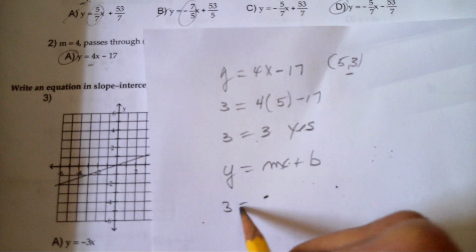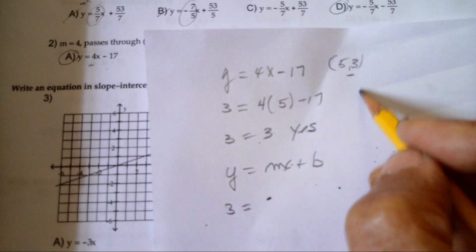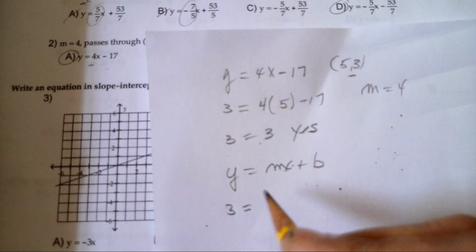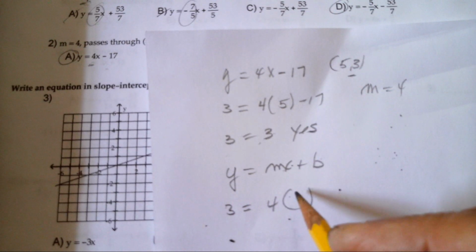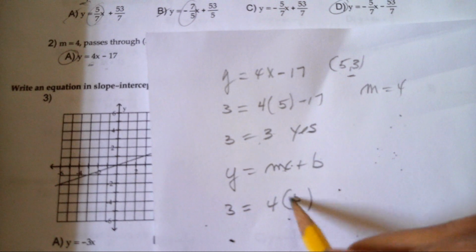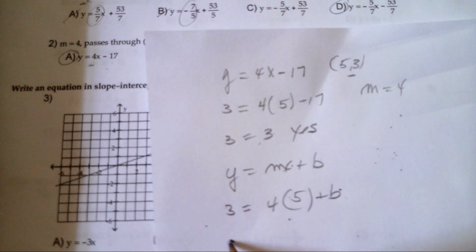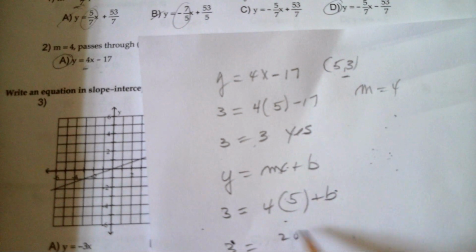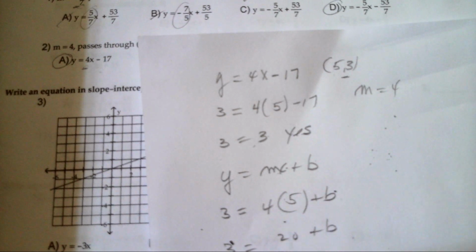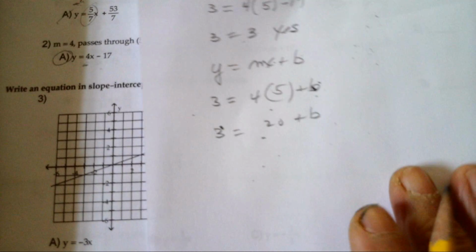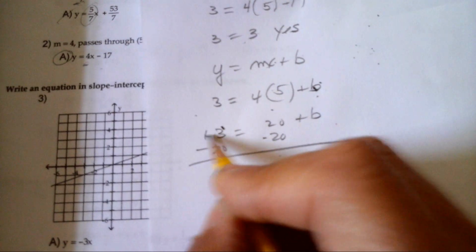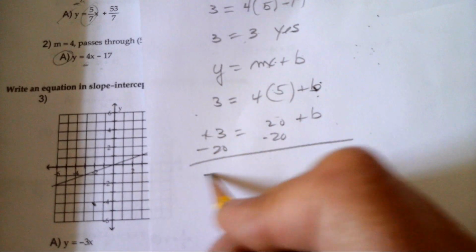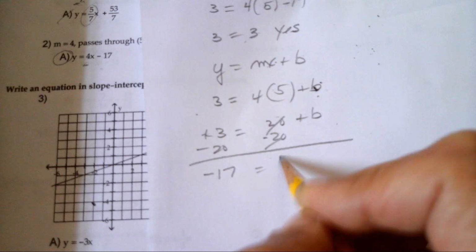So 3 is equal to the slope, which was given to me as 4, times my x value. My x value is 5. Plus b, so 3 is equal to 20 plus b. If I subtract 20 on both sides, a positive 3 and a minus 20 is a negative 17, and then you got b equal to that.